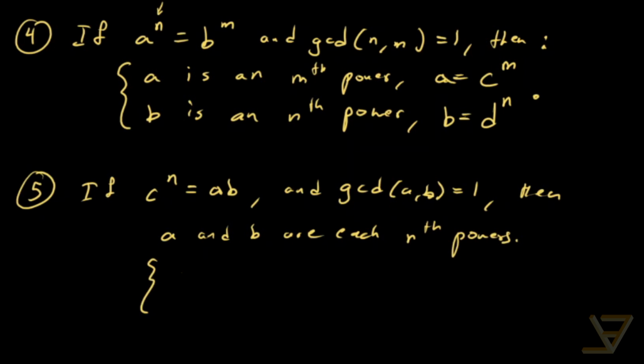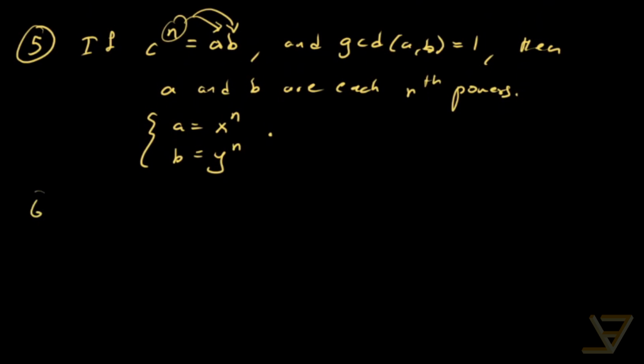So a is equal to some, let's say, x to the power of n, and b is equal to some y to the power of n for positive integers x and y. So like this, n distributes over a and b in a sense.